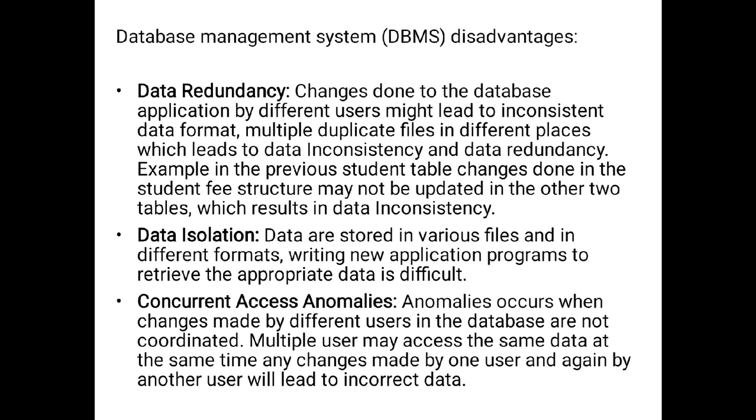The user will not get the correct data. The hostel table and the library table will have incorrect data about that particular student. That results in data inconsistency and at the same time data redundancy.